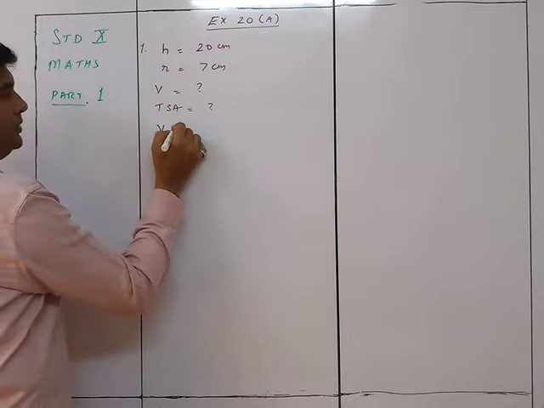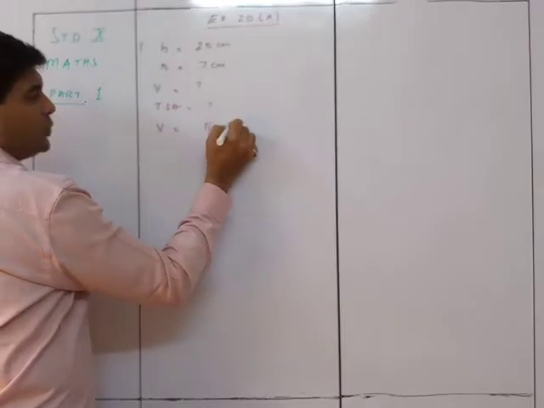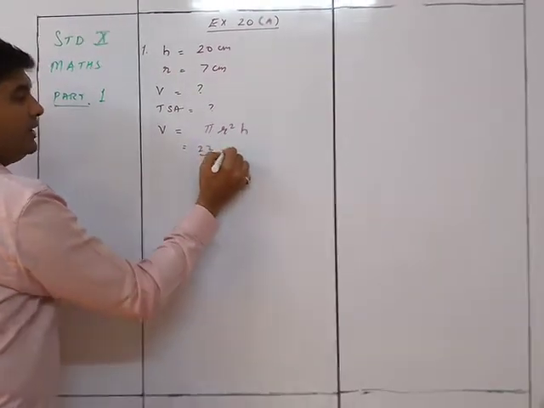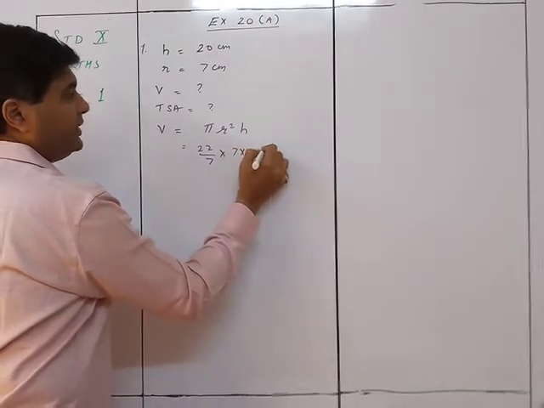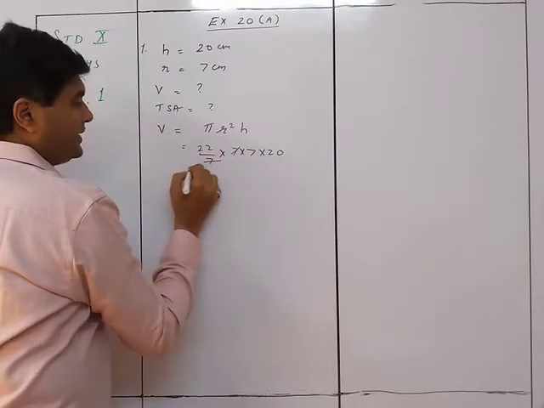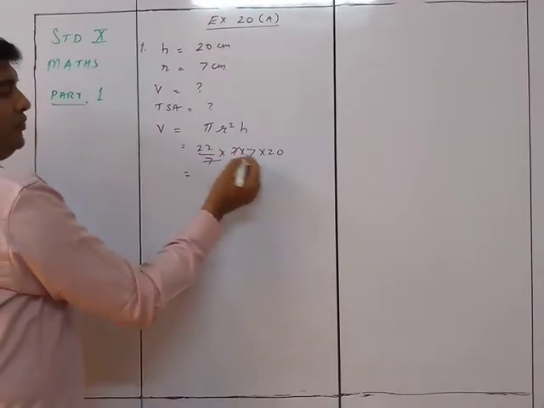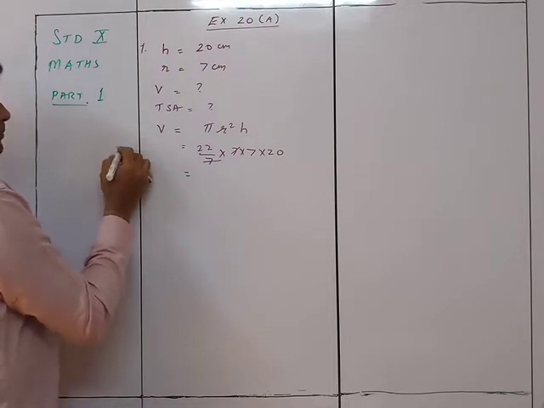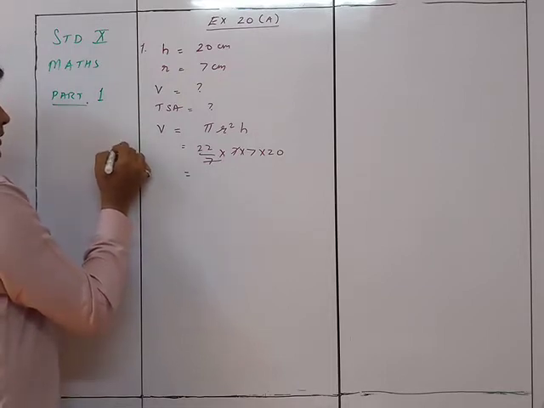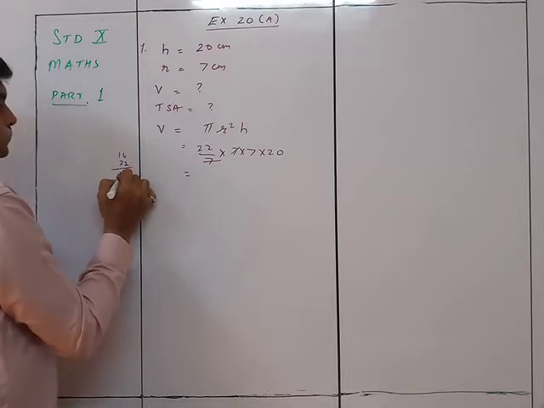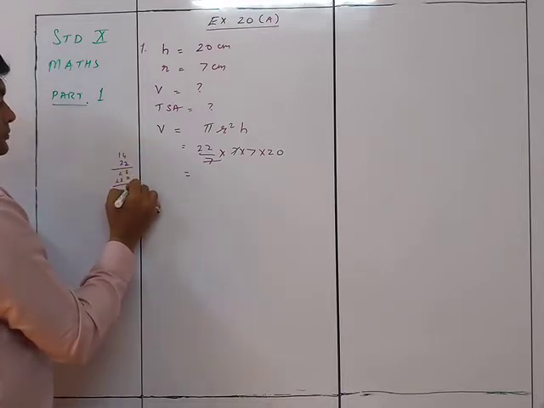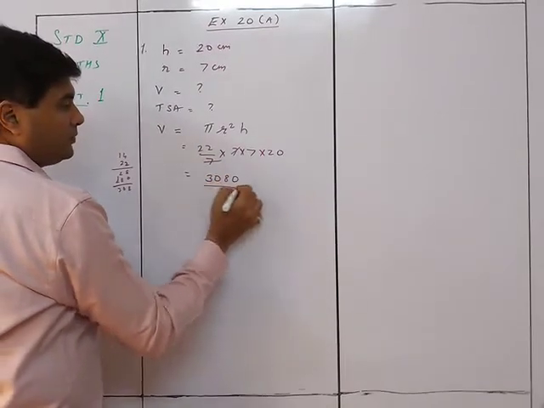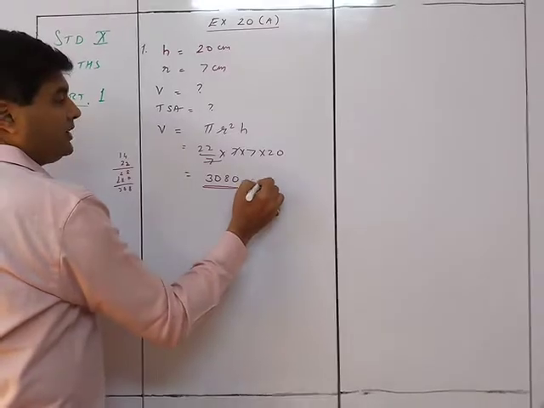First, volume is equal to pi r square h. Pi will be 22 upon 7, into r which is 7, into 7, into 20. That gives me 14 into 22, so 22 into 14. It's 3080 centimeter cube.